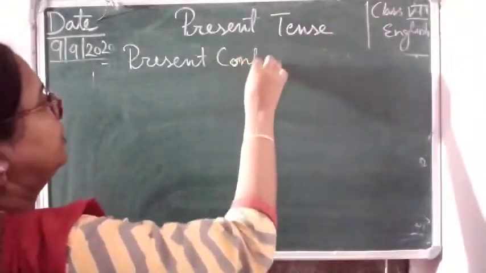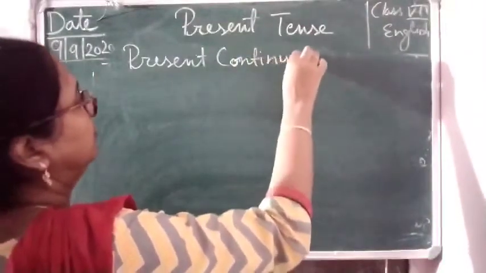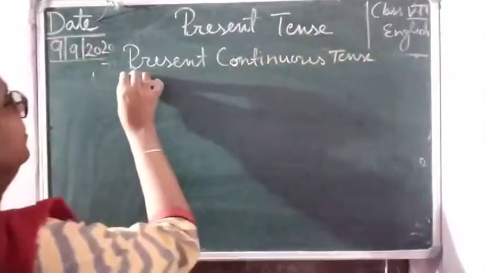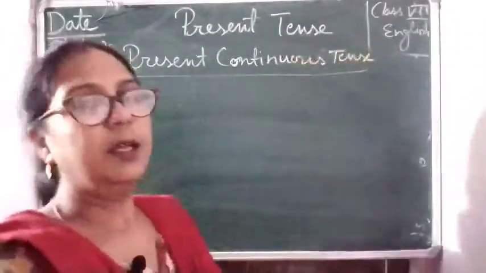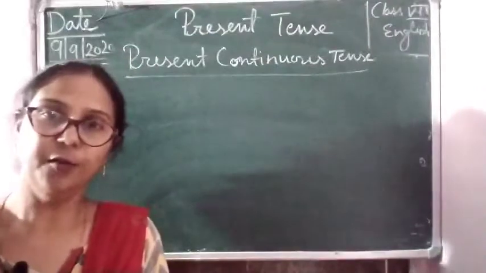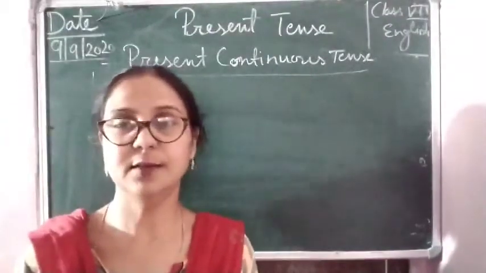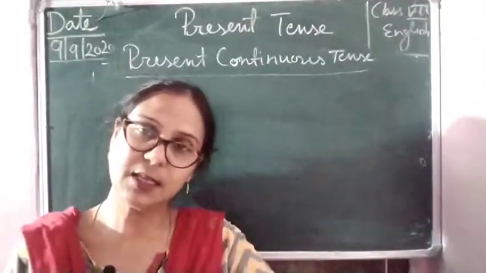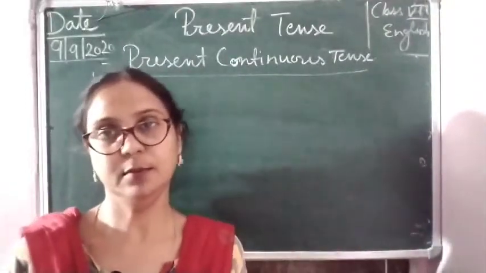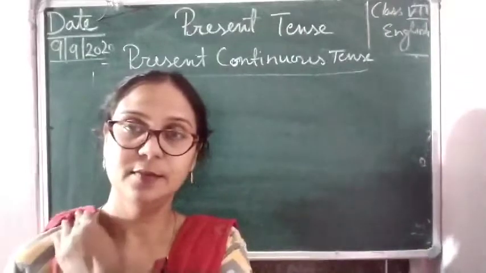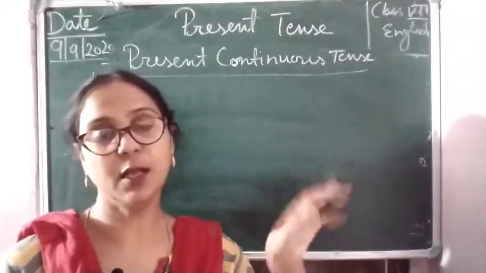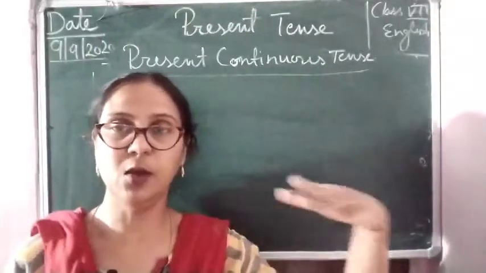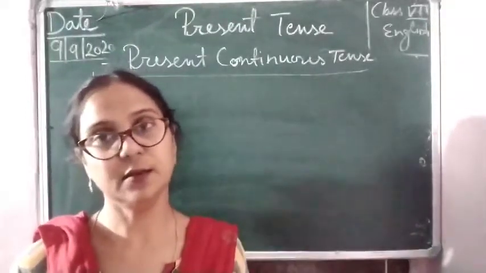Present continuous. It is a form of present tense, and the action is continuous in the motion in the present tense. So it denotes the continuous motion of an action. The action is going on in the present tense.